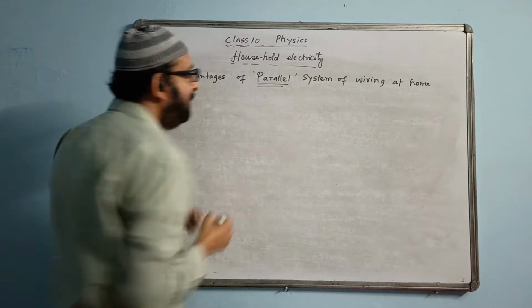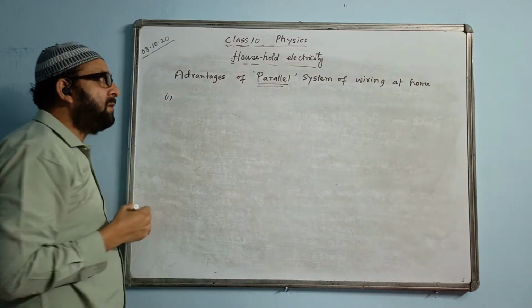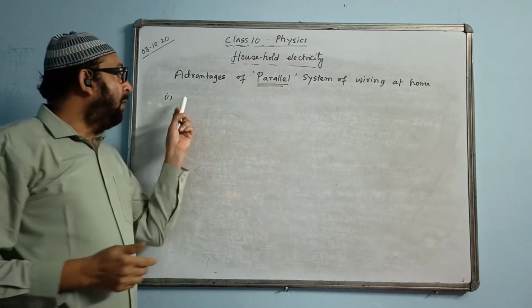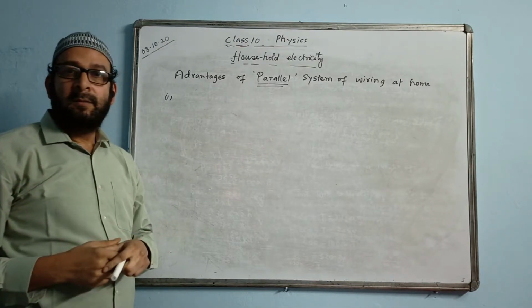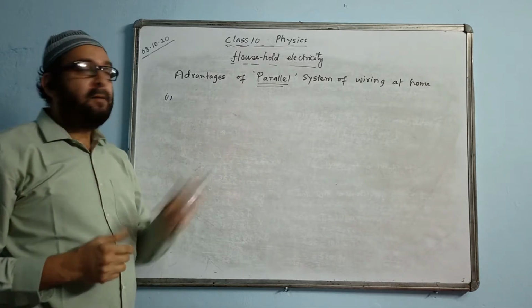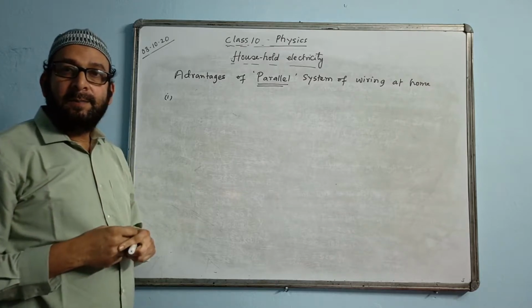We do the wiring in the parallel system only, not the series combination. Okay, there will be problems in series combination, right? Number one, first advantage: all the appliances in parallel run independently.